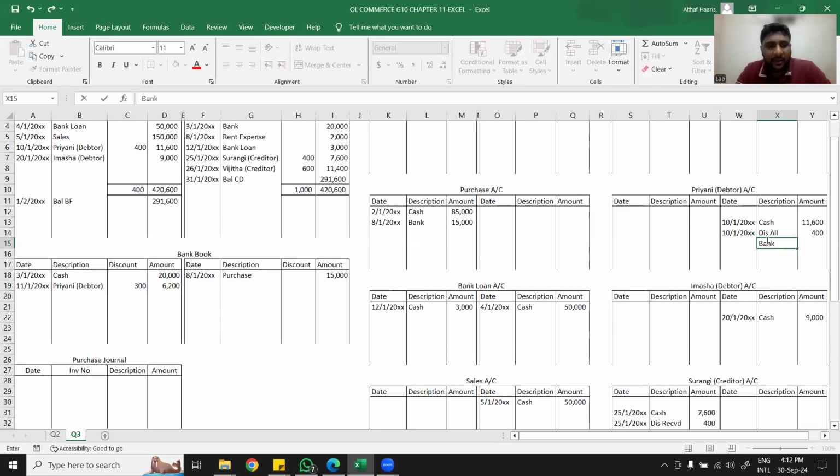So here bank 6,200 and here 300 discount allowed. Bank debit, debtor credit.